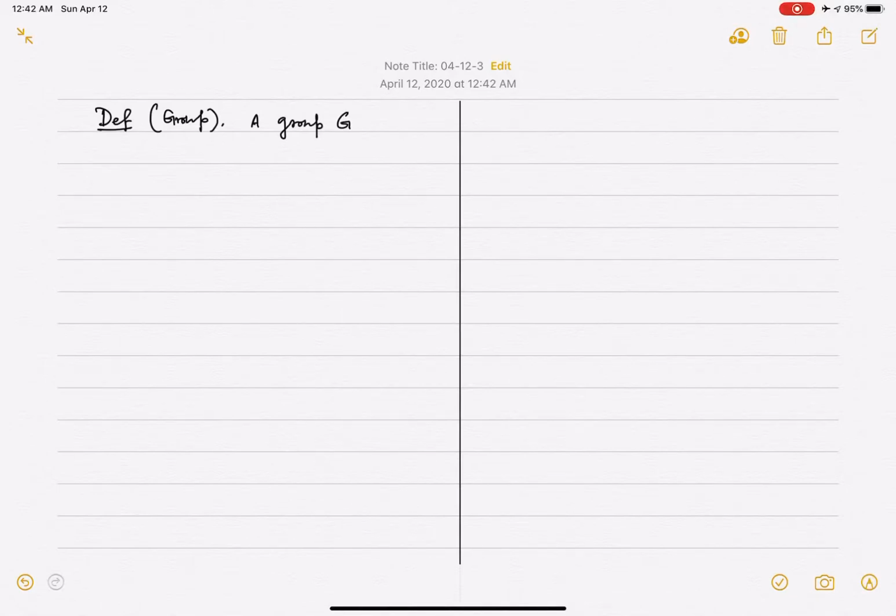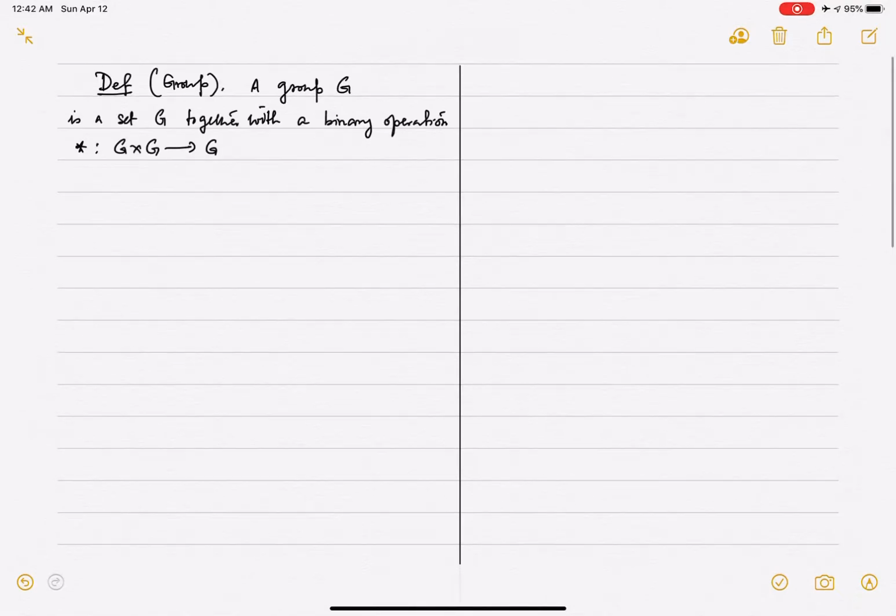It's a set G together with a binary operation, so this is a function from G cross G to G. Just to be neutral, we'll denote this right now by a star. In different contexts it is denoted by different things.